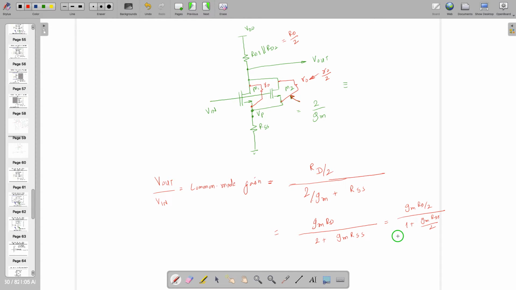So you can simplify and write it down. However, the common mode gain is this one. Notably, when we are doing this, Vout is higher than Vin, which is why we are keeping the plus sign over here. If you want to check using KCL and KVL analysis, you can check that it's going to be positive.